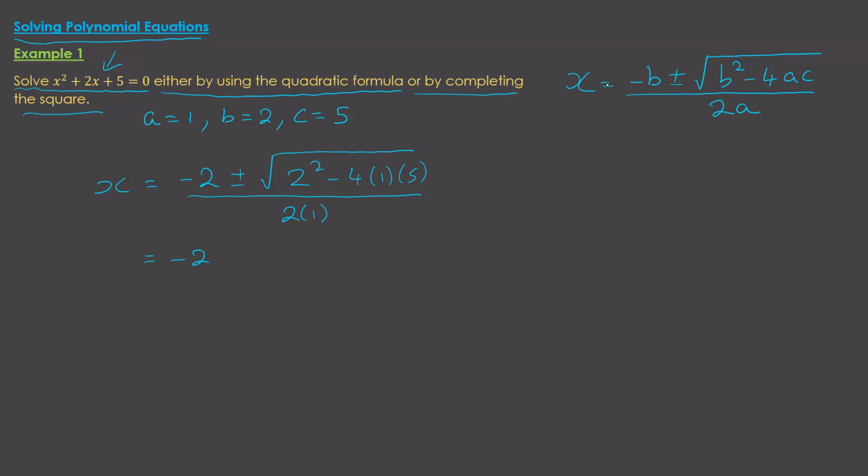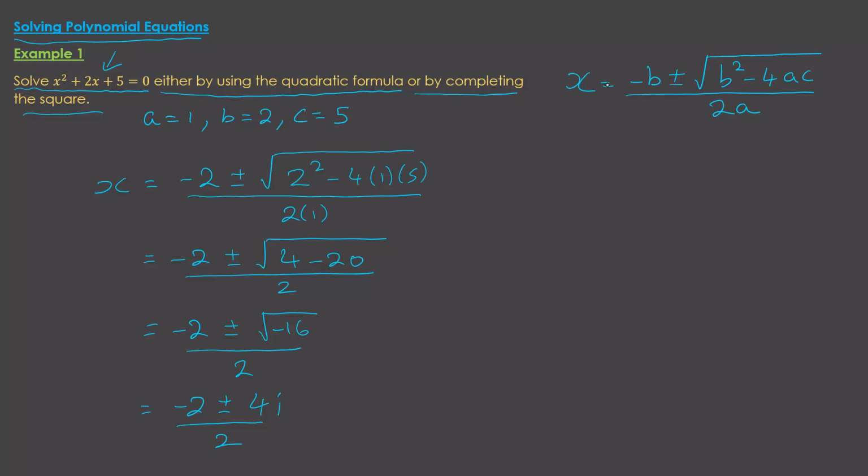So that's negative 2 plus or minus the square root of 4 minus 20, divided by 2, which is negative 2 plus or minus the square root of negative 16, divided by 2. So that's negative 2 plus or minus the square root of negative 16, which is 4i.